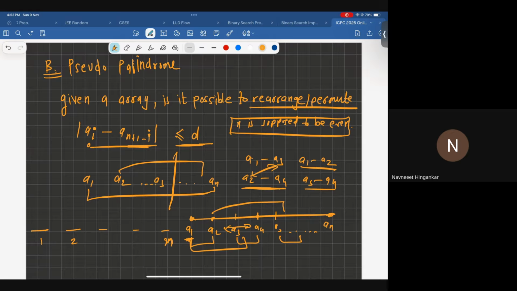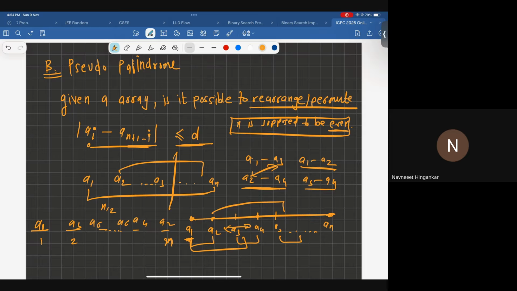The actual placement can be easily defined when n is even, but when n is odd, you need to consider the extra number. You would just place them like this: a1, a2, a3, a4, a5, a6, and keep doing that until n by 2, and you will get the best possible answer.